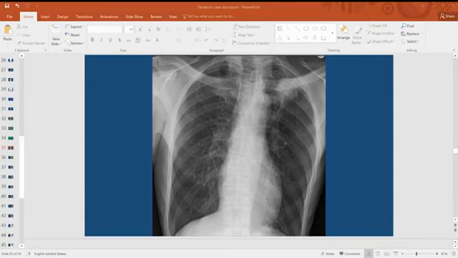As we see here in this X-ray, this is a chest PA view. In this chest X-ray, we have one question: is there any mass lesion in this X-ray?